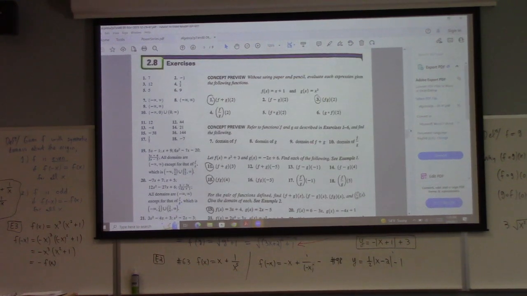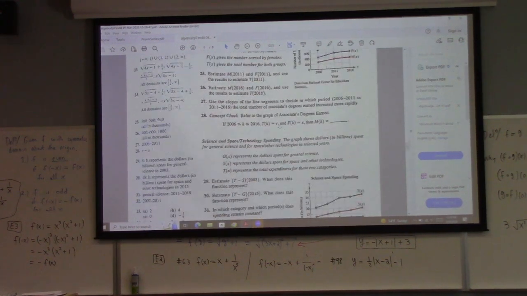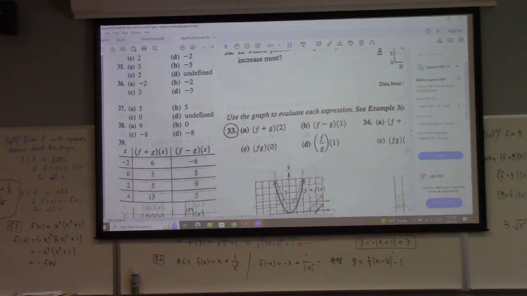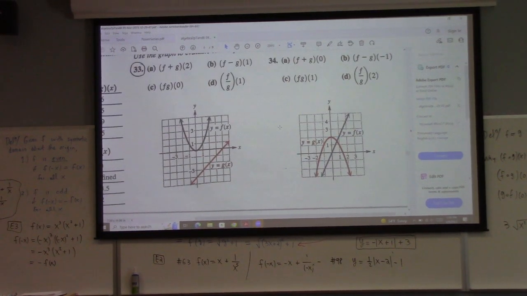All right, so now here's the homework that I wanted to look at. Specifically, I wanted to look at this problem right here. This is what I wanted to look at with you guys. Talk about how to do these. These are a little bit different.